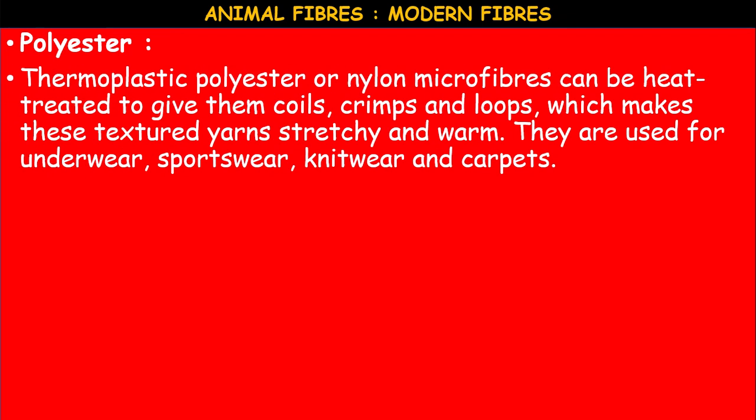Polyester. Another type of polyester, thermoplastic polyester or nylon microfibers, can be heat treated to give them coils, crimps, and loops, which makes these textured yarns stretchy and warm.